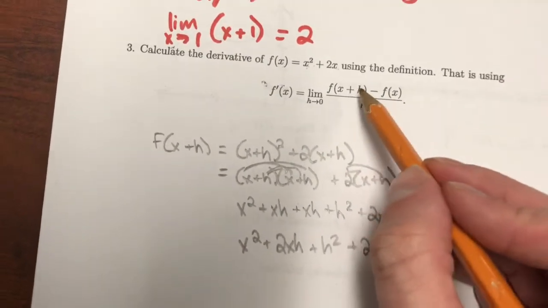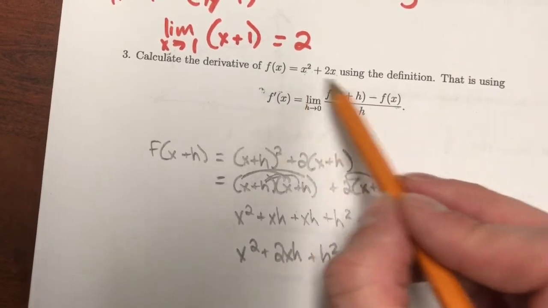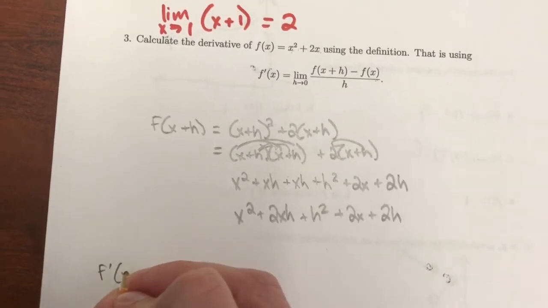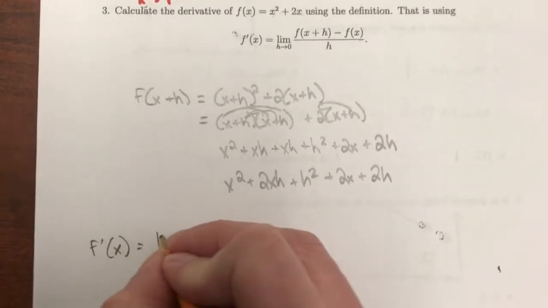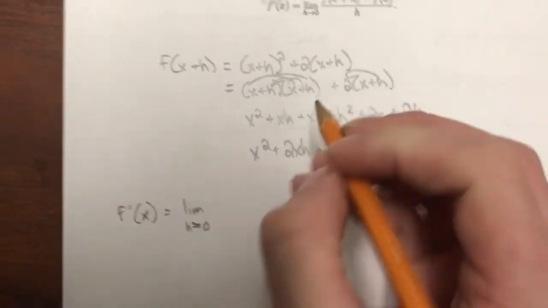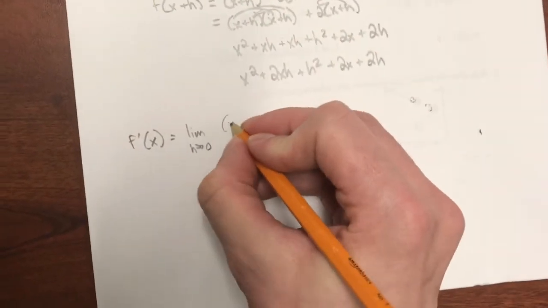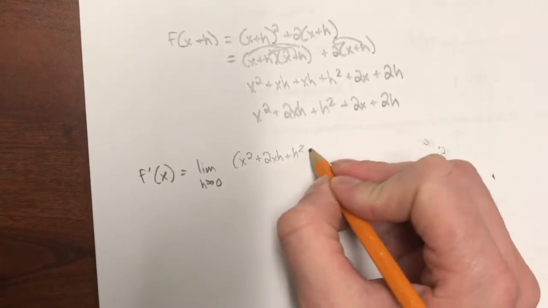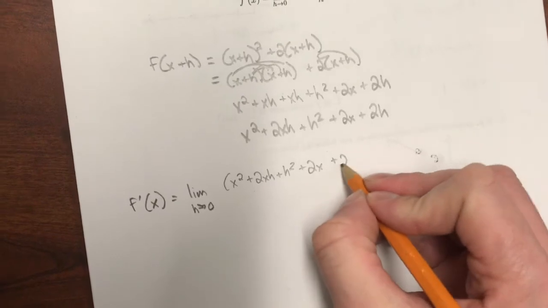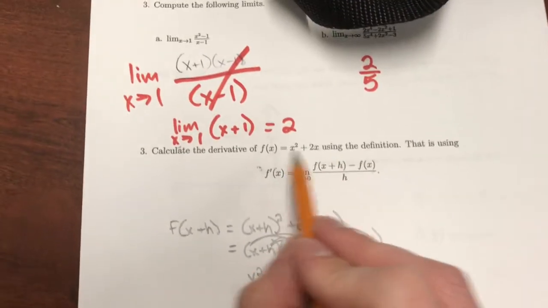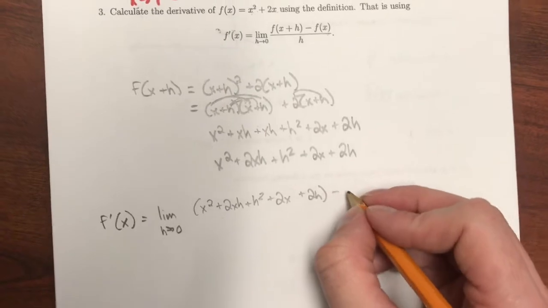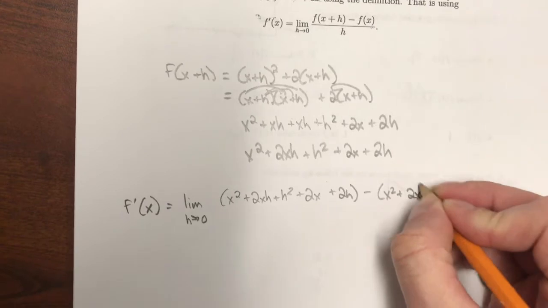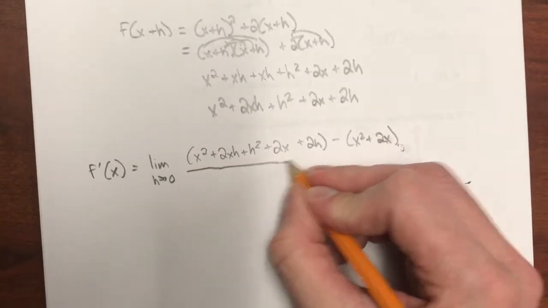So now that I have f of x plus h, and I know what f of x is, I can throw it all in. So f prime is going to be the limit as h approaches 0 of f of x plus h, so let me write it all out: x squared plus 2xh plus h squared plus 2x plus 2h, minus f of x, which is x squared plus 2x, so minus x squared plus 2x, all over h.